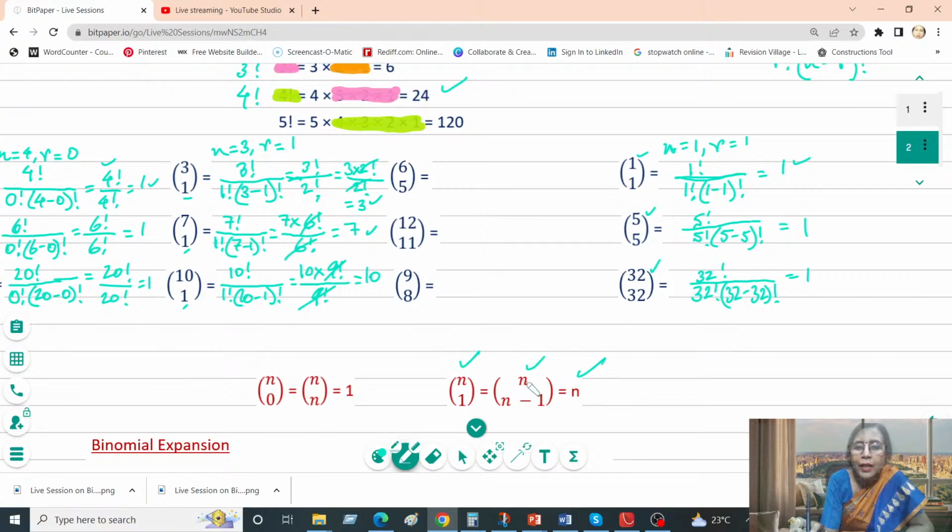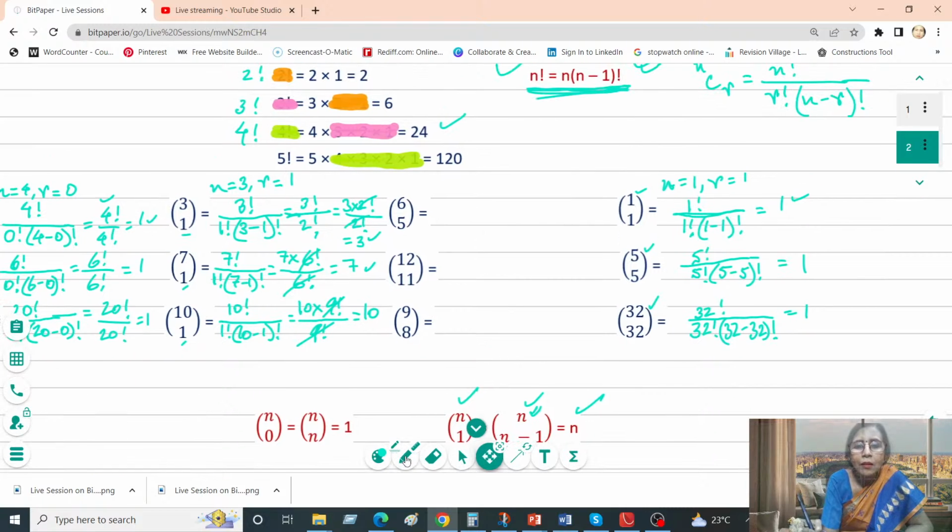Now coming to nC(n minus 1), which means whatever is the value of n, the r value will be just one number less than the n value. 6C5: n equal to 6 and r is equal to 5, 6 minus 1, that is 5.